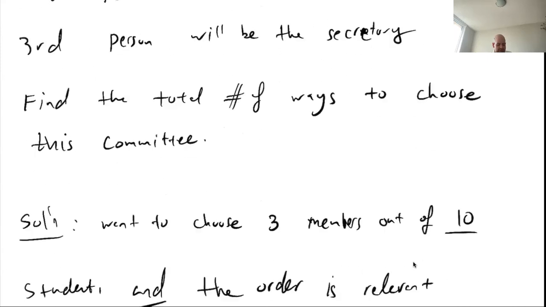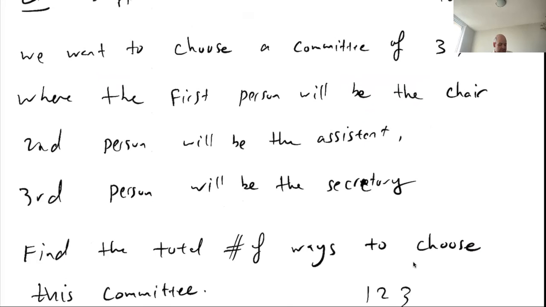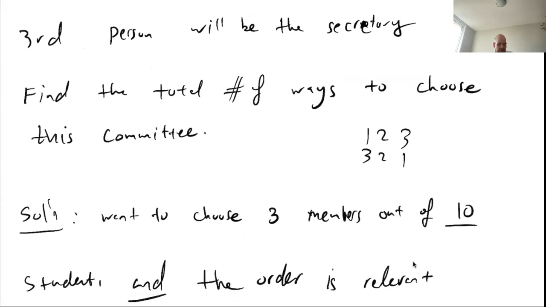Because student 1, 2, 3 and student 2, 3, 1 will be the same: no matter whether student 1 is chosen as the first, second or third person, he or she will have the same role anyway. So you have to read the question. If the question says the first person's title, second person's title, third person's title will be different, then the order will be relevant. If all the titles are the same, then the order will be irrelevant.